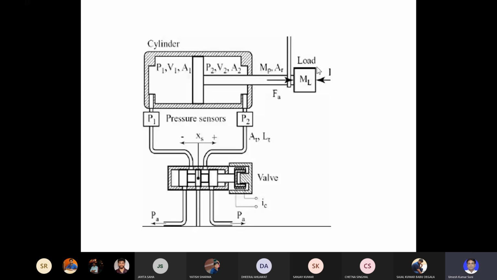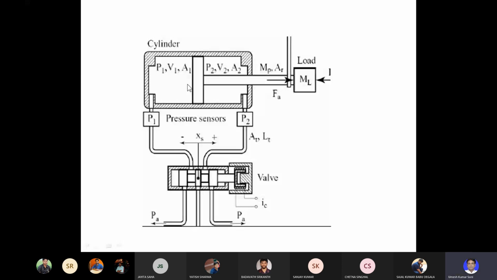So here you can see how the pneumatic actuator is working. A constant pressure air is given, and if the valve is activated by a certain amount of current and the coil is activated, this valve will move to either side, and the pressurized air will move into one of the chambers of the main cylinder.